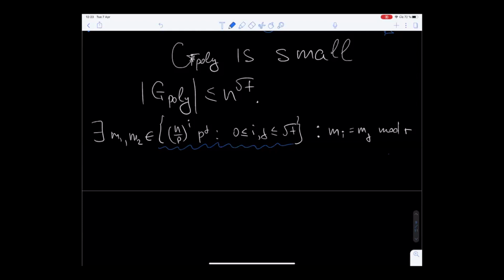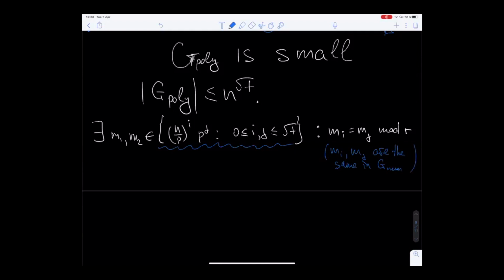So that are the same, that correspond to the same element in the group G num.